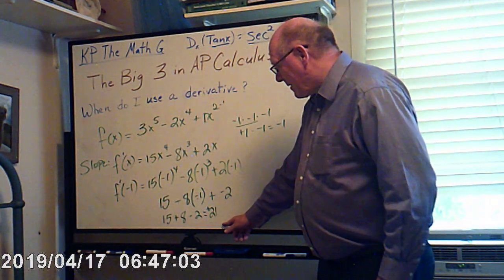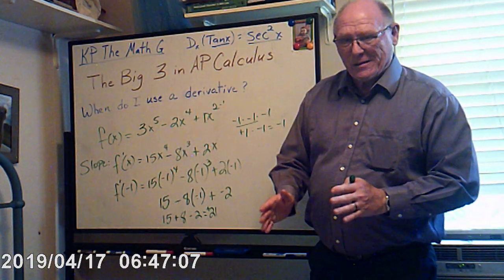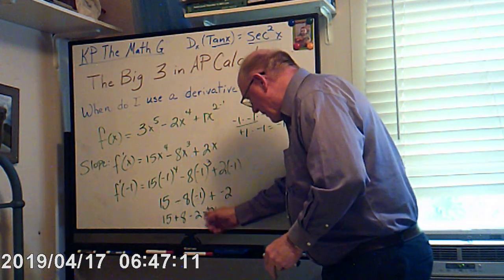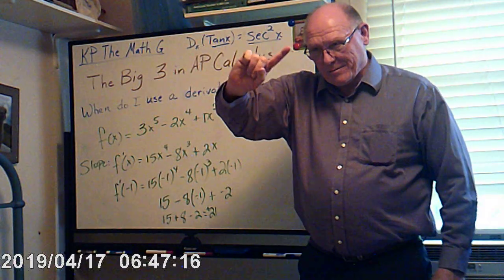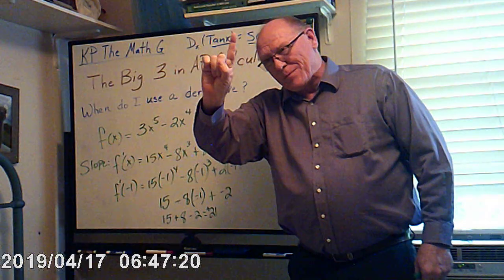The slope is not negative 1. We're looking at x equals negative 1. What's the slope of the tangent line to the curve? It's 21. Very sharp slope. See, 1 is like this, so 21 is going to be way up like that.